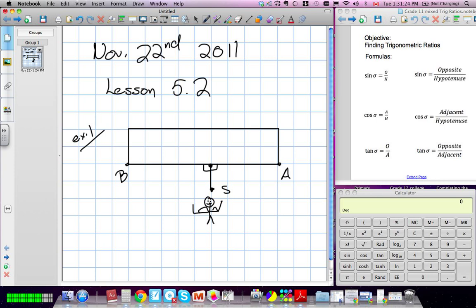Corner A is 150 meters away from S and 34 degrees east of P. Okay? So it's 150 meters away. And they've also said that it is 34 degrees east from where we are.